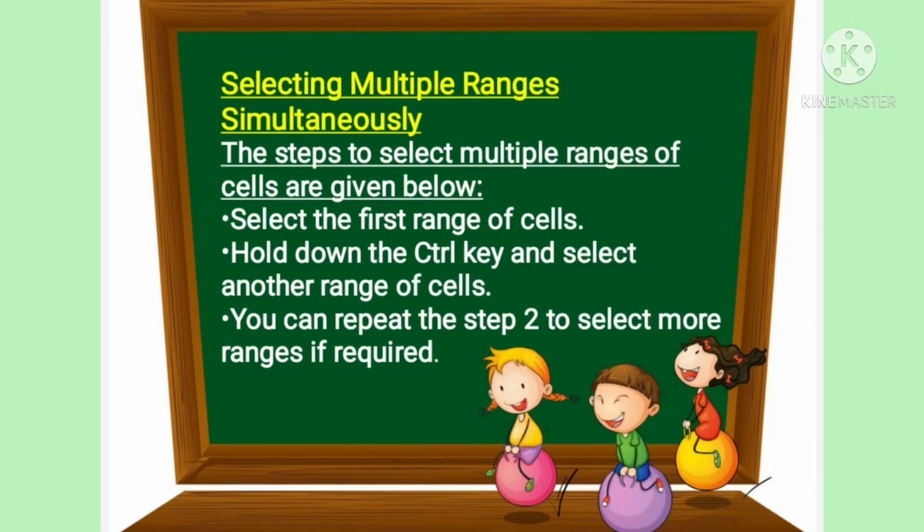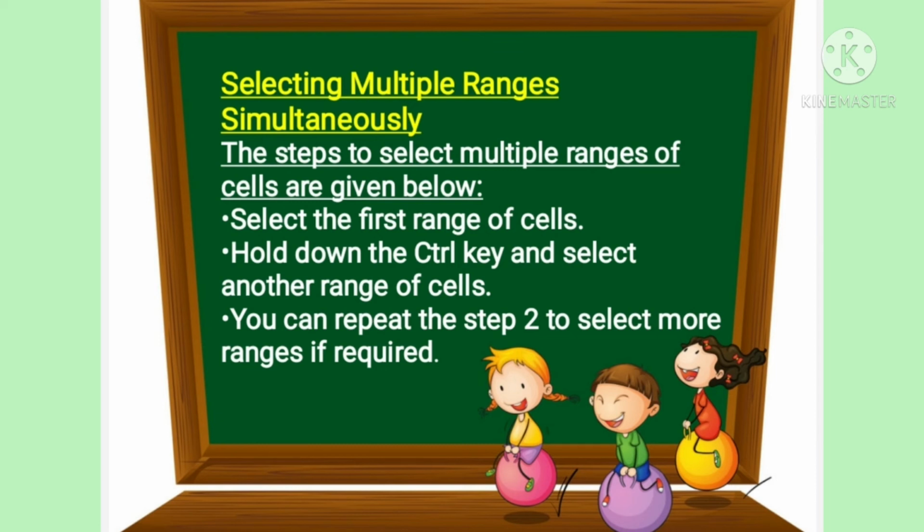Now, let's see how we can select multiple ranges simultaneously, for which we have to follow a few steps. First step, select the first range of cells. Second, hold down the Control key and select another range of cells.